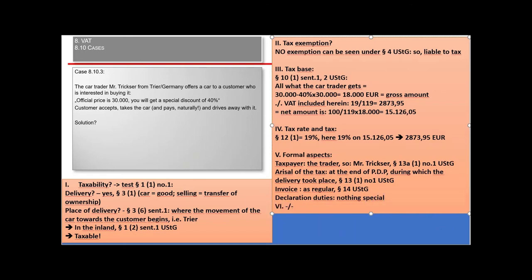Any particularly special aspects? No. And input tax claims of Mr. Trickster, yes, for the input tax which he paid for this car to the wholesaler or factory.